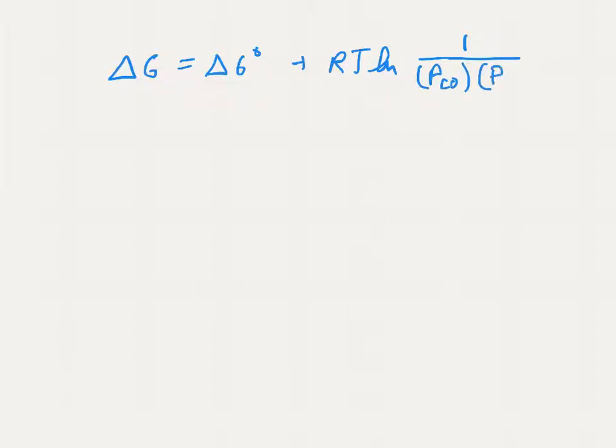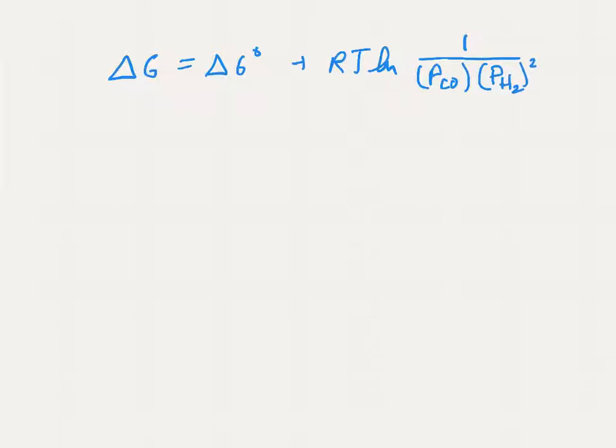Okay, then what we're going to do is plug it into our equation, right? Delta G is delta G0 plus RT ln Q. Q is going to be 1 over, because our methanol was a liquid, we don't include that, the partial pressure of CO times the partial pressure of hydrogen squared.